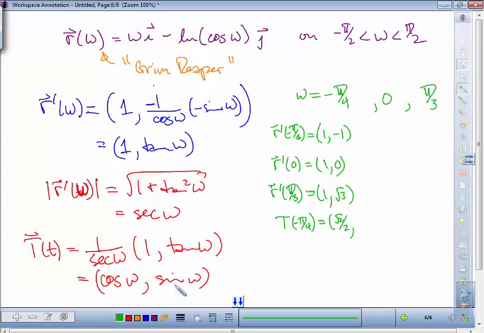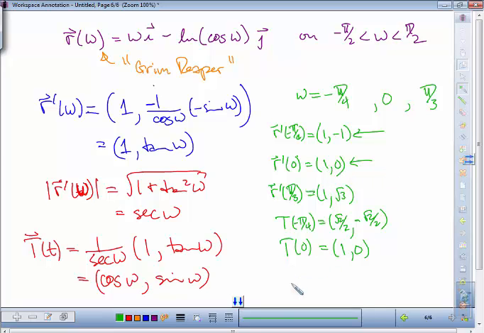I think the sine's negative, but the cosine's positive. So it's really just the unit vector going in the same direction, right? And if we put 0 in, cosine of 0 is 1, sine of 0 is 0. And that's the same thing as this, because this is already a unit vector.